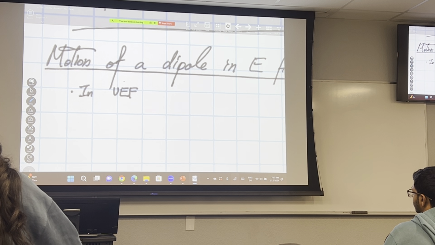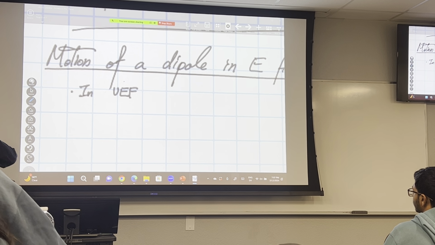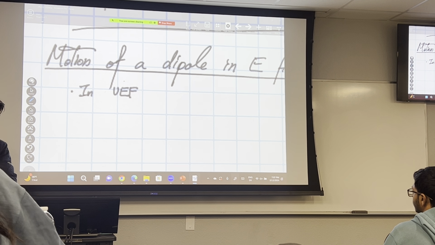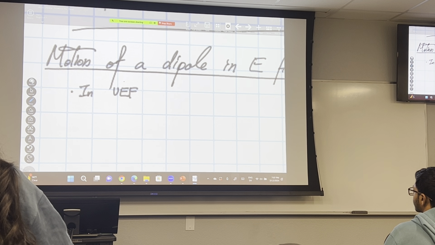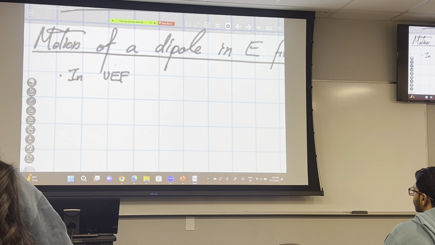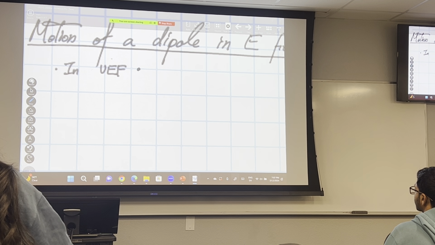So dipoles are pretty complex, and so quantitatively speaking, we're not going to do any analysis because the numbers actually get quite difficult. The only analysis that we're going to be doing is from the qualitative side of things, so we're going to keep everything conceptual. So let's first consider a uniform electric field.